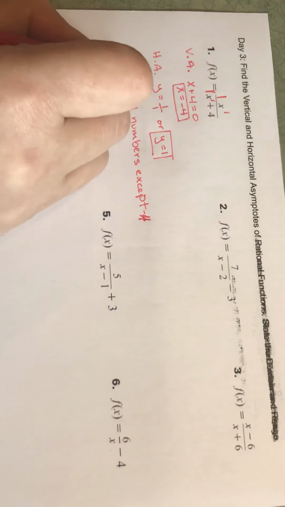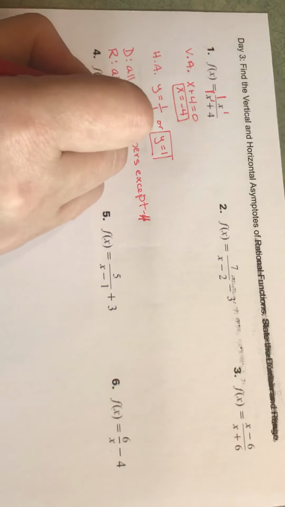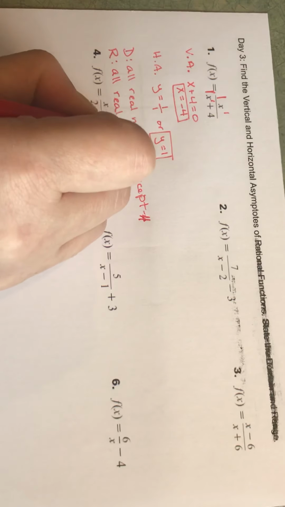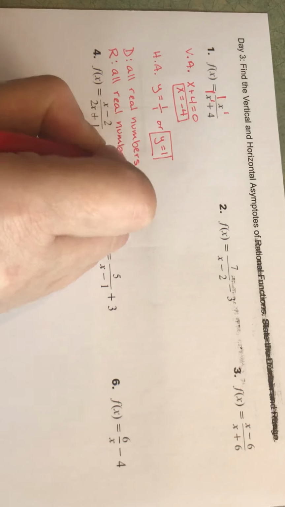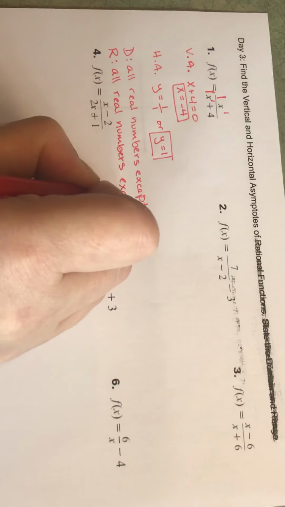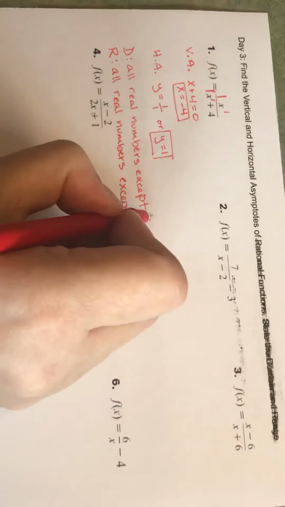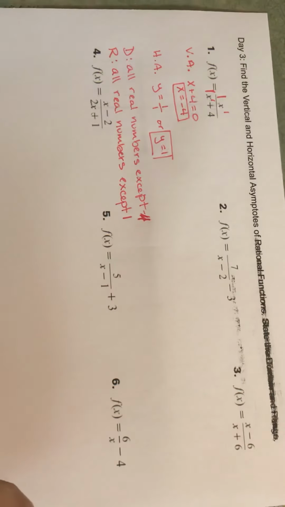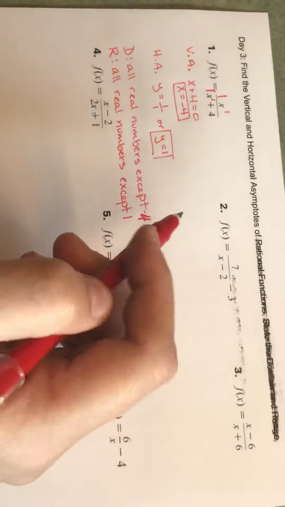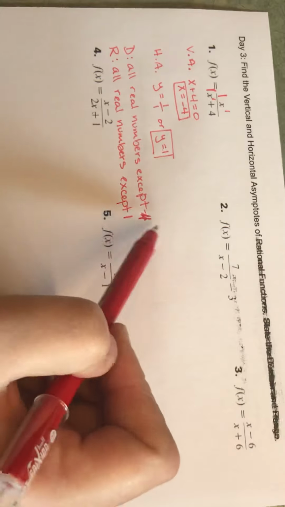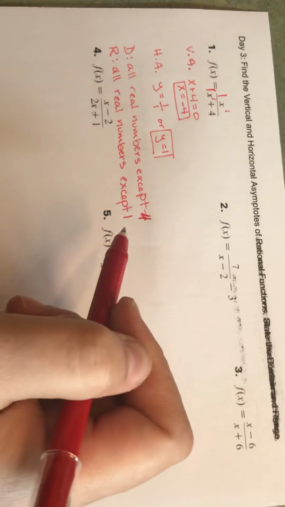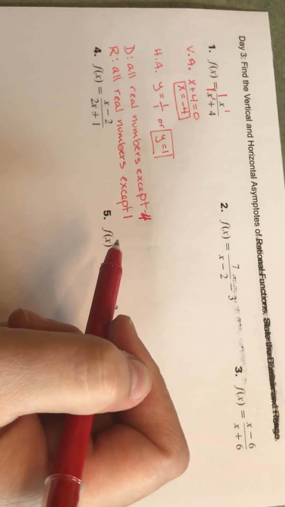And our range is all real numbers except 1. Okay, so the asymptotes and the domain and range are tied closely to each other.